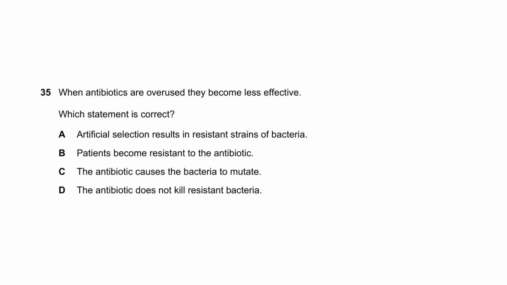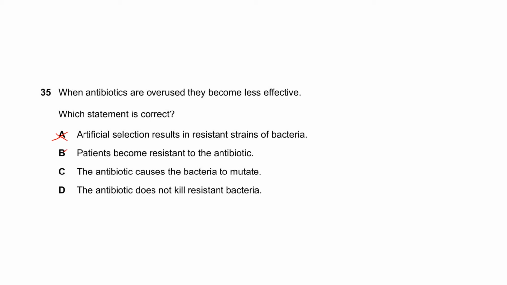Question 35 says when antibiotics are overused they become less effective. What statement is correct? Option A says artificial selection results in resistant strains of bacteria. This is wrong because it's natural selection, because the bacteria that survive obviously have better genes. These ones are resistant and these are the ones that get to reproduce again. Option B says patients become resistant to the antibiotic.